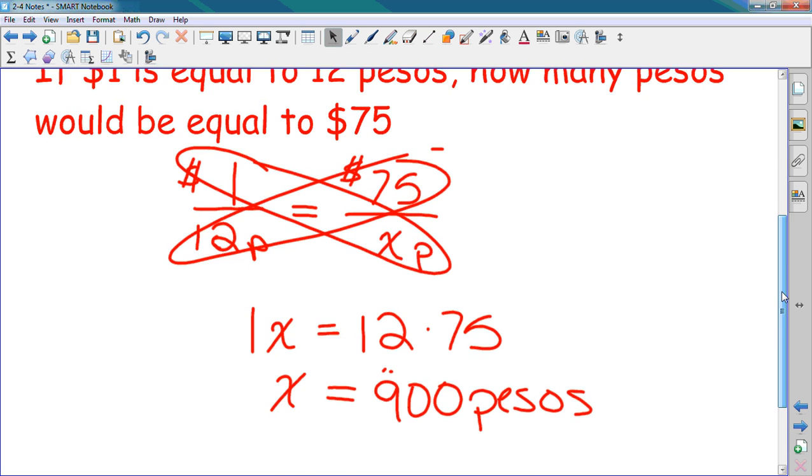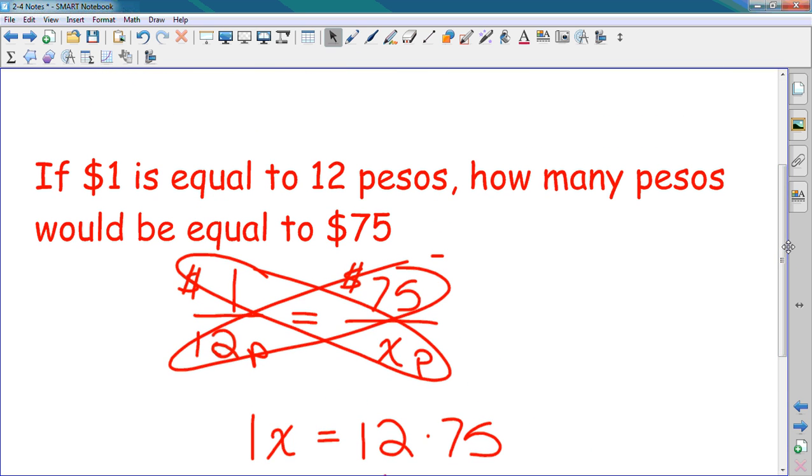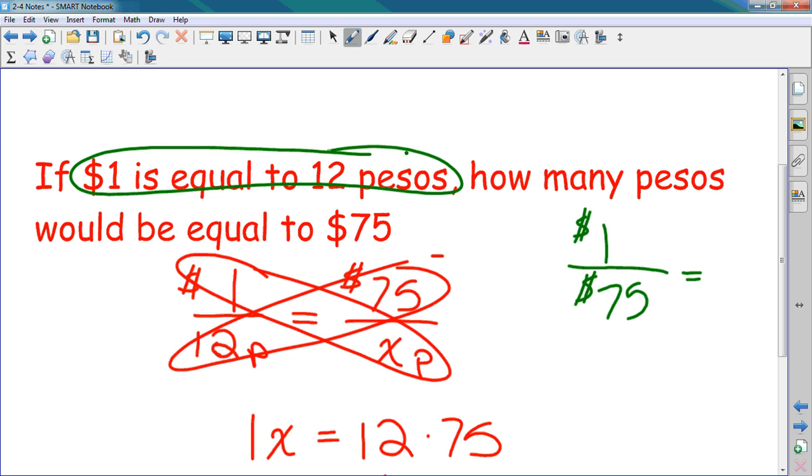The other way to set up a proportion, if it's written in terms such as these, is you can make sure if you have $1 here, you can put your $75 here, equal to, but make sure your tops match. Your 1 and 12 go together, so that means your 1 and 12 have to go here together on the top. Make sure if they're here together, they have to go top.